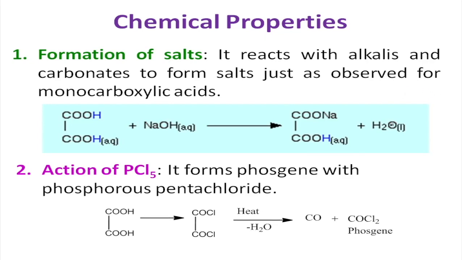Number 2, action of PCl5 and phosphorus tetrachloride: it produces CO, CO2 and COCl2, phosgene, a dangerous poisonous gas.